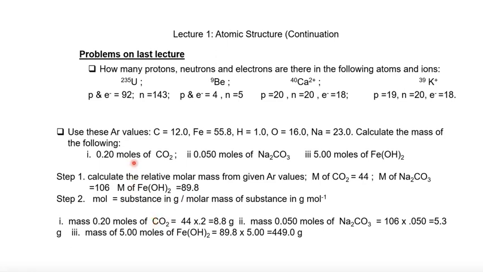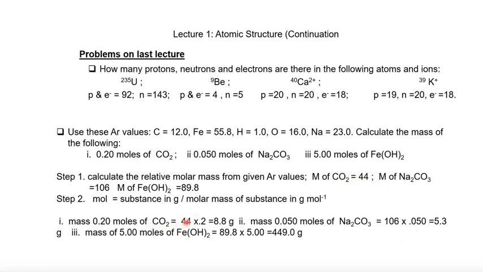Now your question was to calculate the mass of this many moles of carbon dioxide. So we know mole is equal to the mass of the substance in gram divided by the molar mass of the substance in gram per mole. So 0.2 moles of carbon dioxide, where the molar mass is 44.